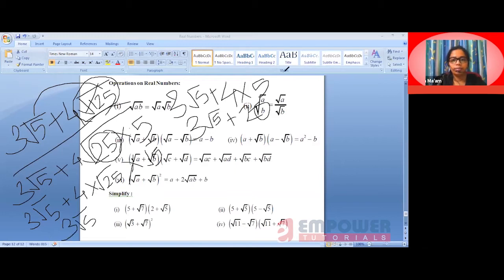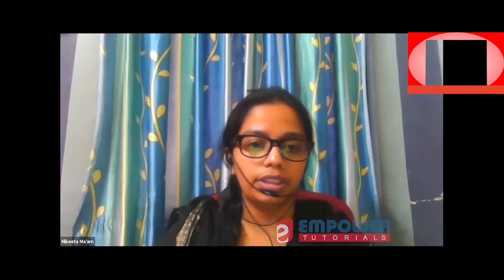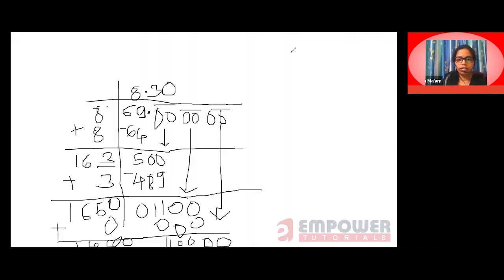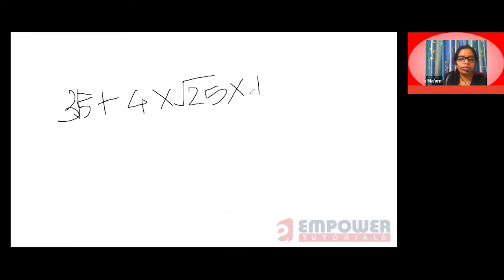Wait, I will take the blackboard so that you will be able to see it properly. So 3 root 5 plus 4 into root 25 into root 5.